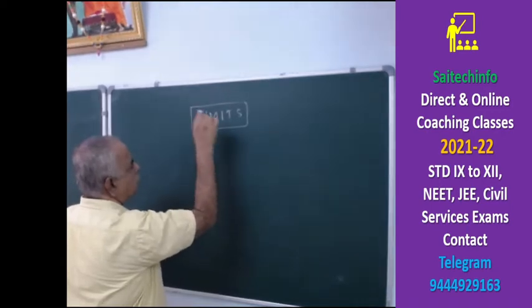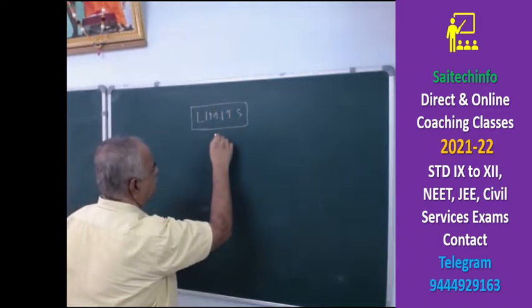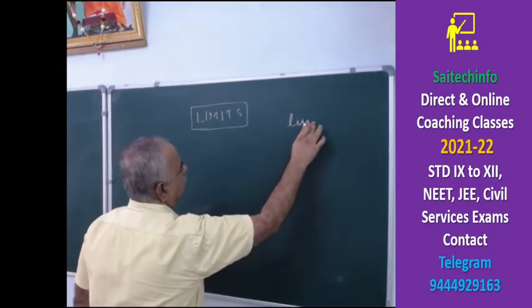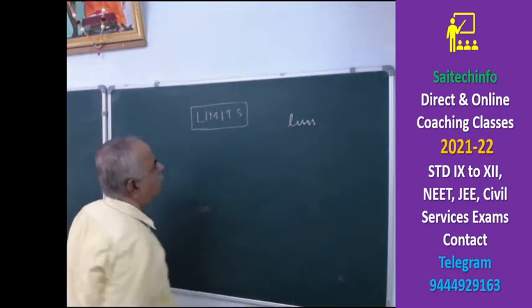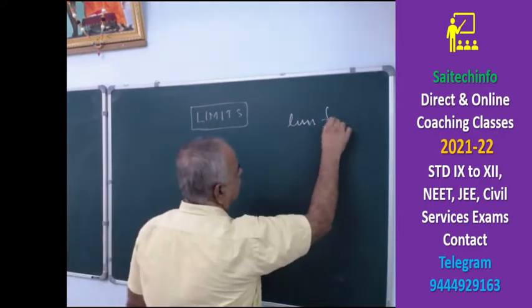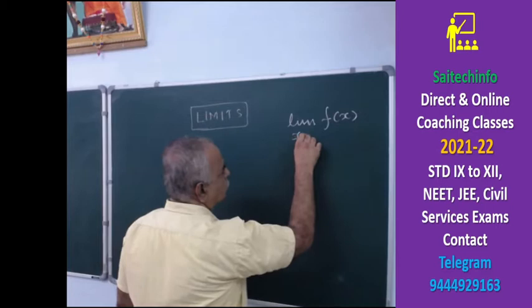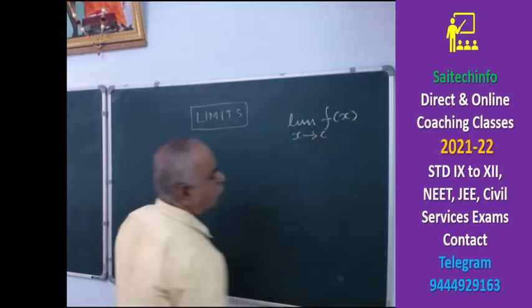The limit is represented, as I already mentioned in my earlier classes, as lim or limit. Then you have to put f of x, the function. Then x tends to some fixed number.